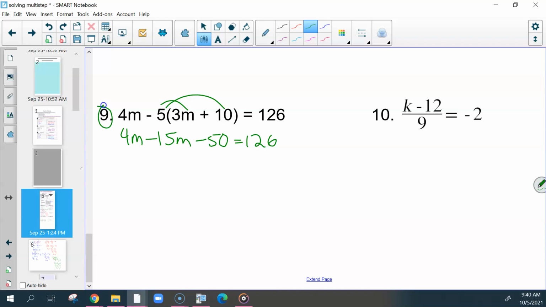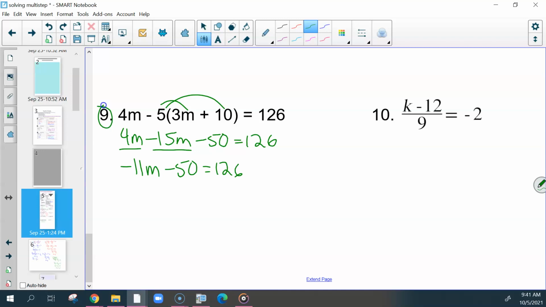From there, we have like terms, we could combine them. Remember when we're combining like terms, we're doing whatever it says. So 4 minus 15 would give us negative 11m. Now that we've combined our like terms, this looks like a simpler problem.